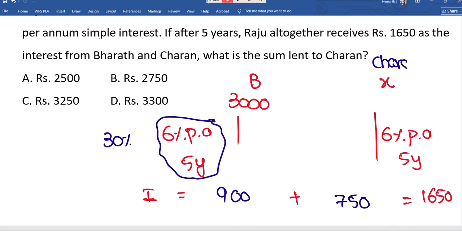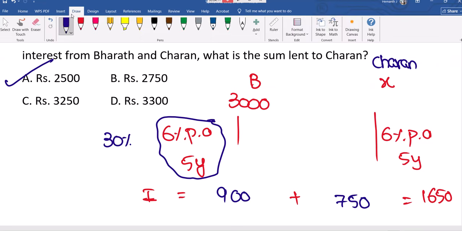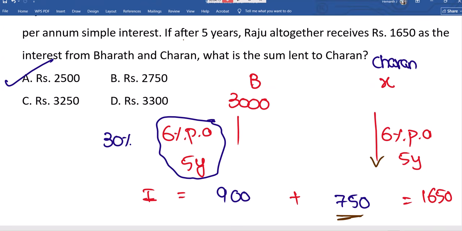Okay, now 30% of something is 750. That is 2,500. 10% is 250, so 30% is 750.